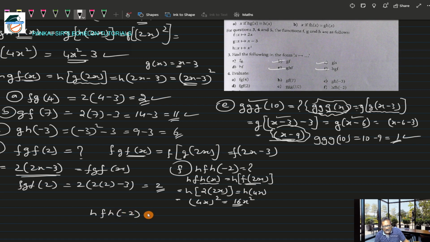In this function, 16x squared, I'm going to put minus 2 in place of x. So this will be 16 into minus 2 squared, which is 4, and 16 into 4 works out to 64. So that was question number 4, the last sub question, that is F, and the answer was 64.